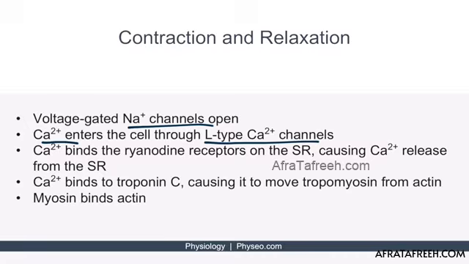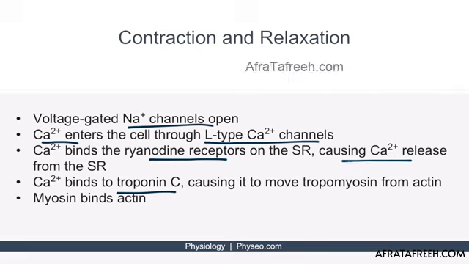This calcium then can bind to the ryanodine receptors on the sarcoplasmic reticulum, causing calcium from the sarcoplasmic reticulum to be released into the cytoplasm. This calcium then can bind troponin C, which causes tropomyosin to move away from actin, which then can allow the myosin heads to bind to actin.